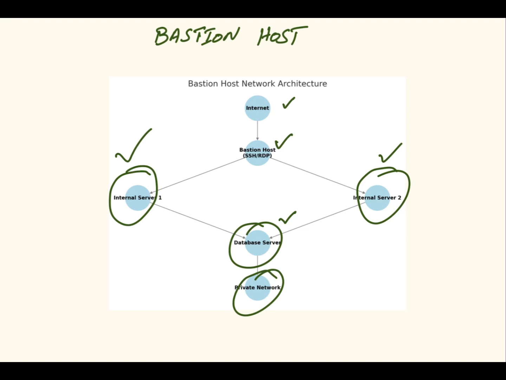This setup improves security, prevents direct access to internal servers from the internet, and requires authentication via the Bastion host before accessing any private resources. This way, we minimize the attack surface by exposing only the Bastion host to the internet.